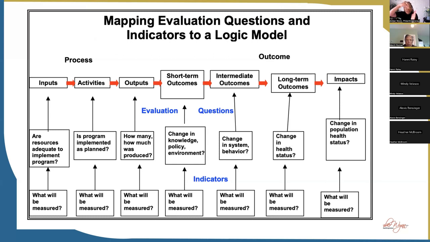Long term, a change in health status, and then in terms of the impacts, a change in population. So for the long term and beyond, we want to see big, broad changes. So you start off with the participant, and then the community, and then the environment, which is society as a whole. That's generally what we're expecting to see from the funder's perspective.